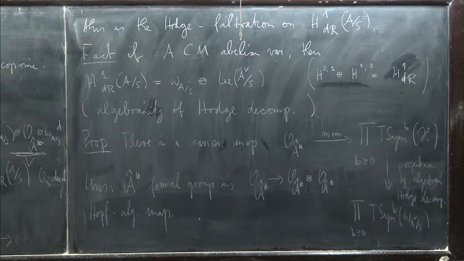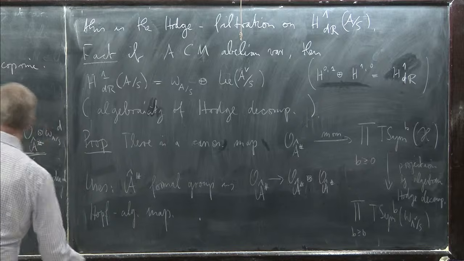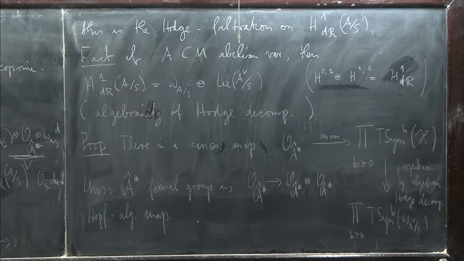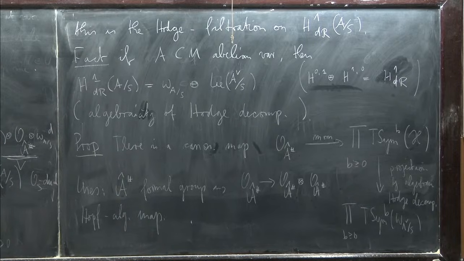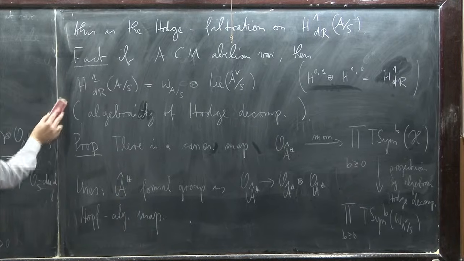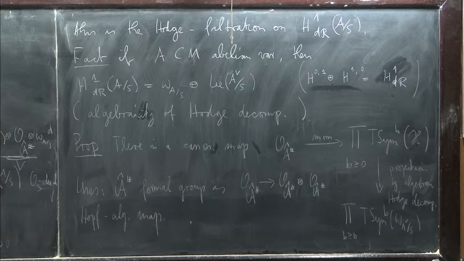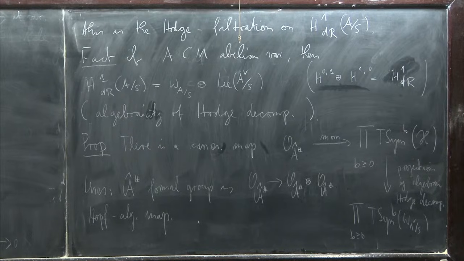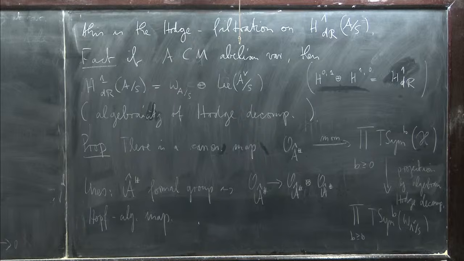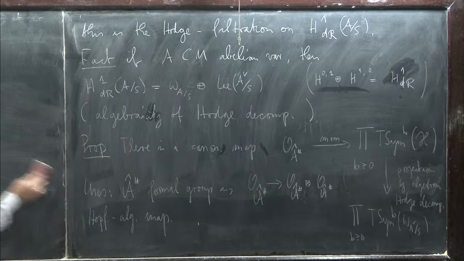Okay, so now we have that. A Hopf algebra is an algebra which has a multiplication and a co-multiplication.